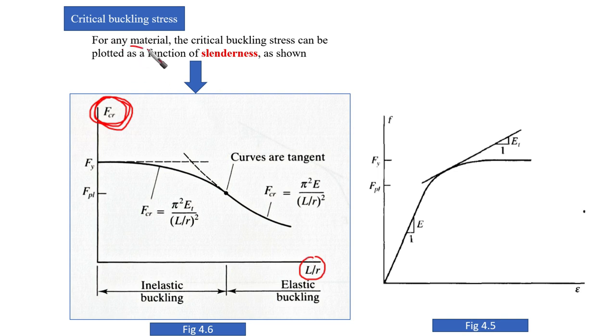For any type of material, whether steel, wood, rubber, whatever, the critical buckling stress can be plotted as a function of slenderness. We call the horizontal axis slenderness, as shown.